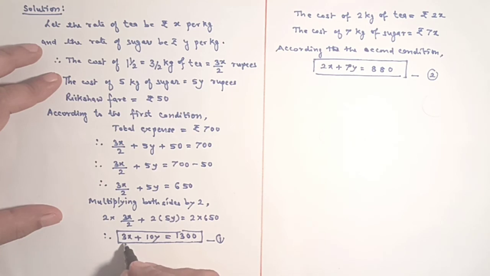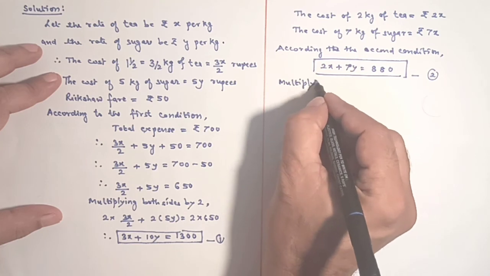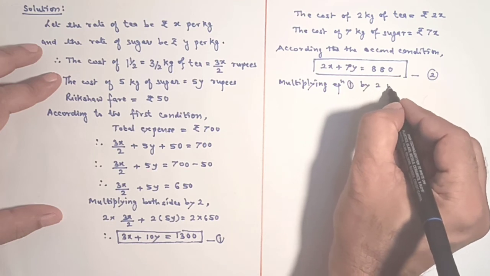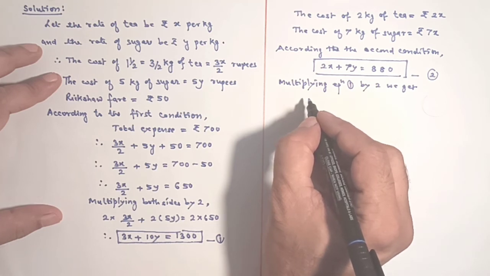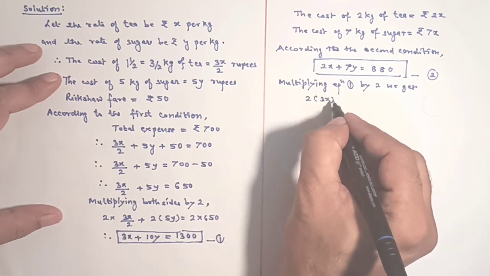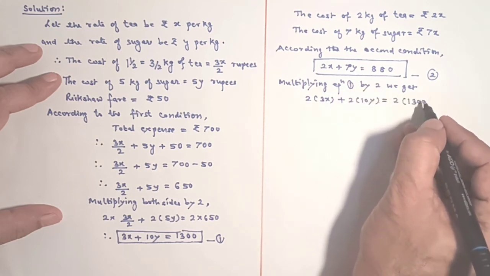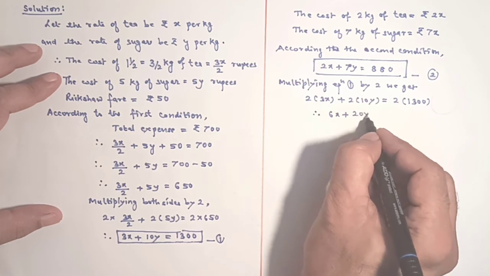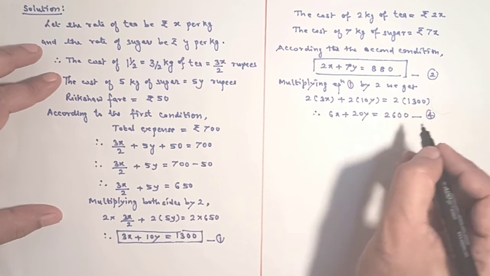To change 3x into 6x, you have to multiply by 2. Multiplying equation 1 by 2, we get 2 into 3x plus 2 into 10y is equal to 2 into 1300, that is 6x plus 20y is equal to 2600. This will be equation number 4.